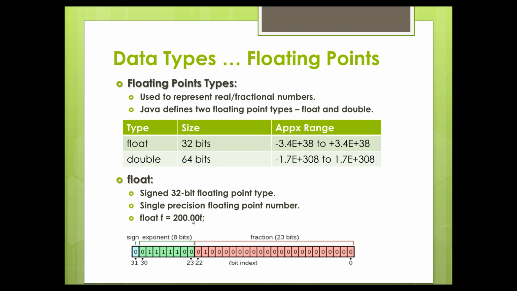Say, for example, assume this is a 32-bit location where you can store one 32-bit integer or float. You know that float takes 32 bits as well as int takes 32 bits.